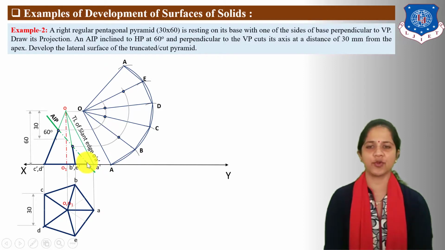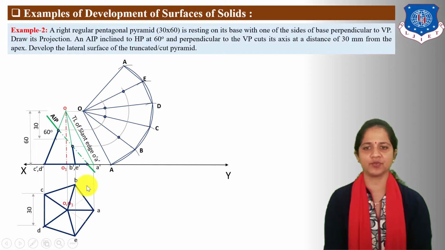Now base cutting points we cannot transfer directly in development. So, how to locate base cutting points in development? For base cutting points distance, transfer this point in top view and locate two cutting points on base.